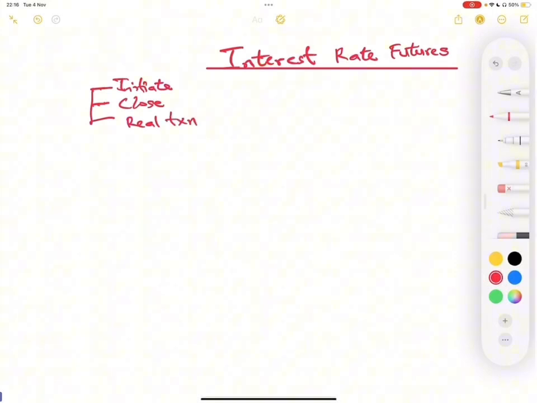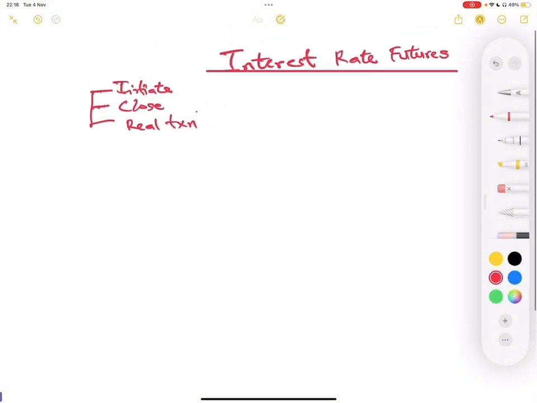Very important. So, which means when you want to use futures to do interest rate hedging, you're going to either buy or sell the futures. You do the opposite to close it, and you will do the transaction. The result that you get from all of this, the net is your outcome.